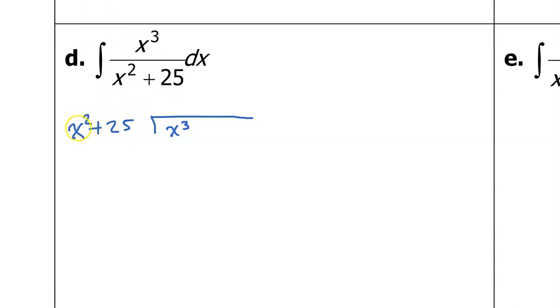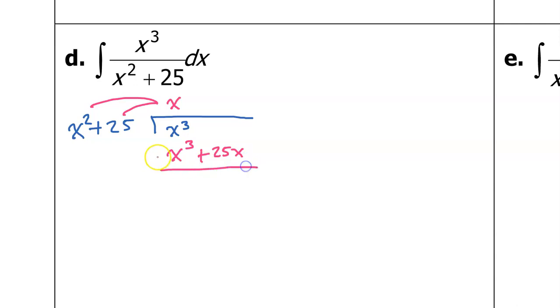We ask ourselves, x squared times what will be x to the third power? And that's x squared times x. We turn around and do the distributive property. So I'm multiplying this x by both of these. X times x squared is x to the third power. X times 25 is 25x.